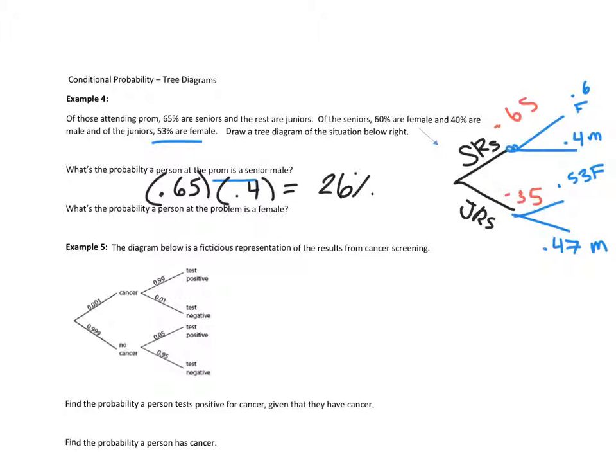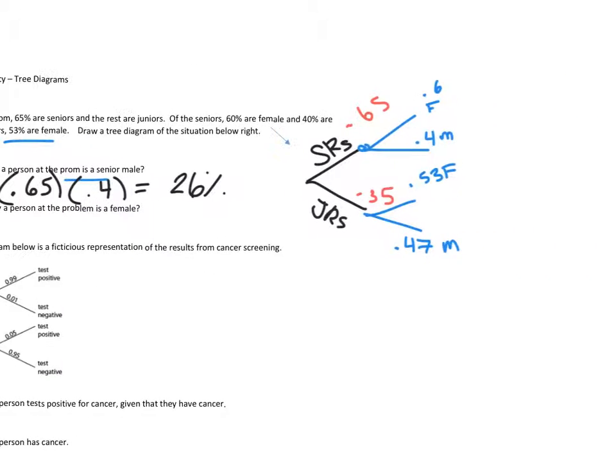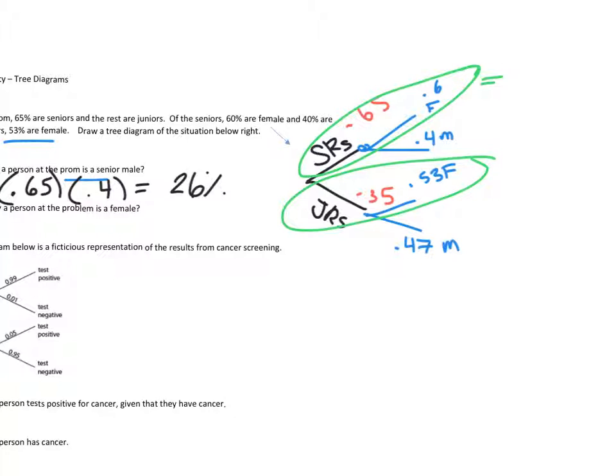Second one, what's the probability a person at the prom is female? So we just have to figure out, we have two situations of female. You can be a senior female or you can be a junior female. So I'm going to multiply 0.65 times 0.6, and I get 0.39.